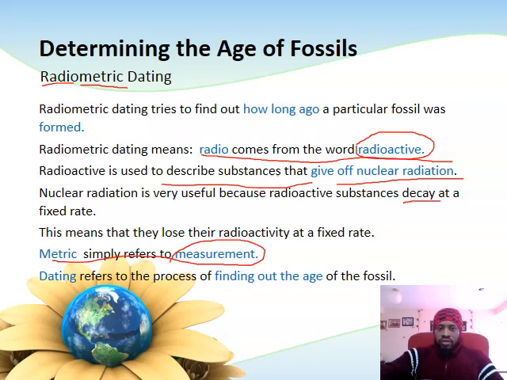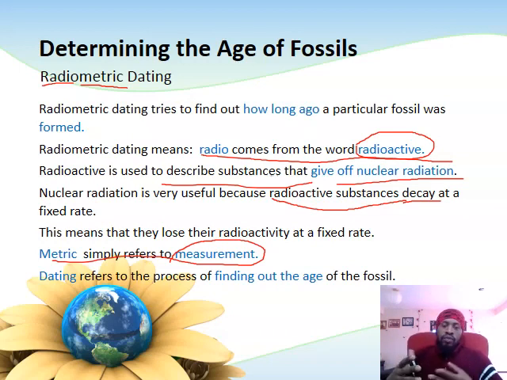So nuclear radiation is useful because it causes radioactive substances to decay, and this decay is not at random. It's happening at a fixed rate. That's what makes nuclear radiation very important in estimating the age of fossils or the age of anything, because any living thing has radioactive elements, and they are also found in non-living things.